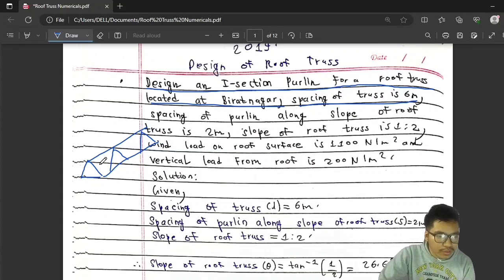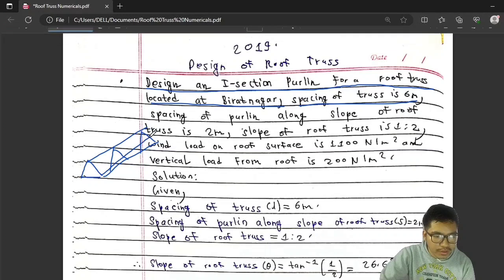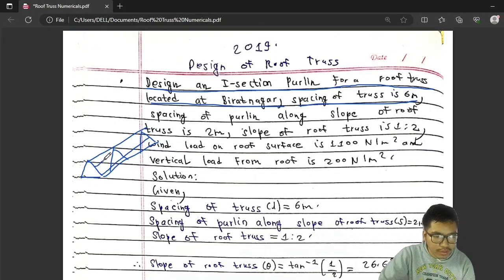The purlin is the horizontal member, which is of I section, for a roof truss located in Biratnagar. Spacing of truss: this is one truss and this is another truss.